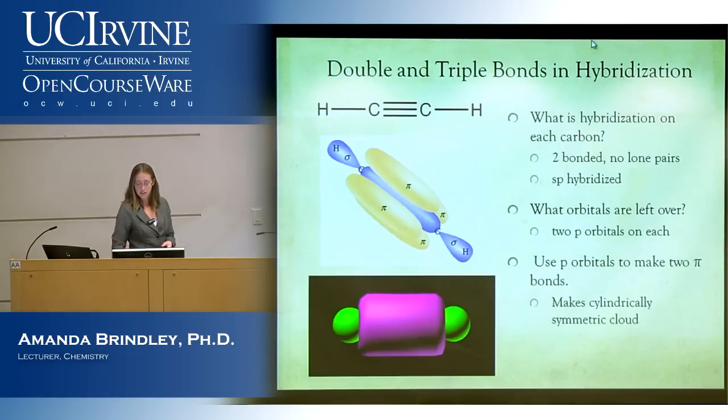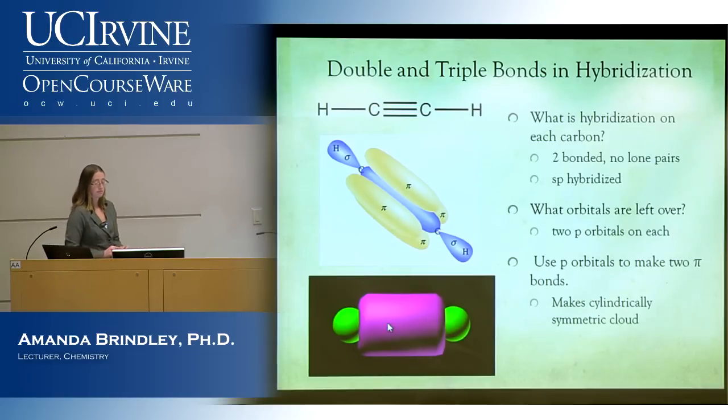One of your hybrid orbitals is going to be used to make your bond with the hydrogen, and the other hybrid orbital is going to be used to bond with the carbon. And the 2 leftover p orbitals are going to form these pi bonds, each one with 2 lobes to begin with. But what ends up happening is you form this sort of cloud system where it combines into one. Okay?